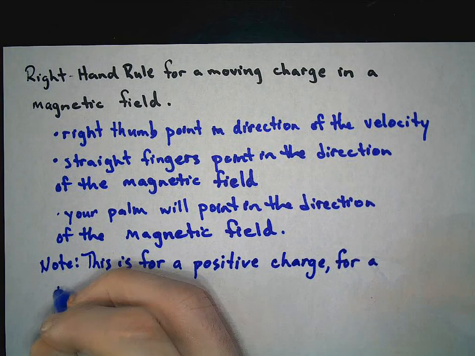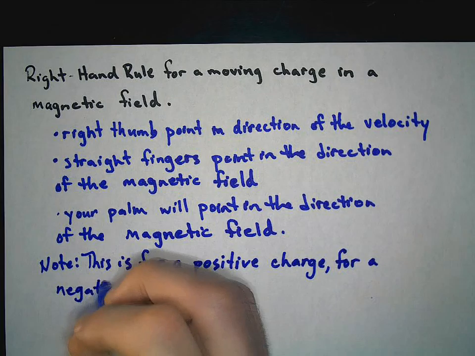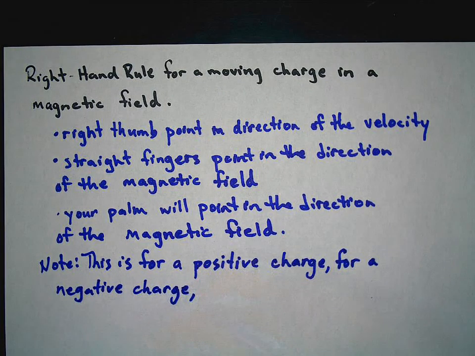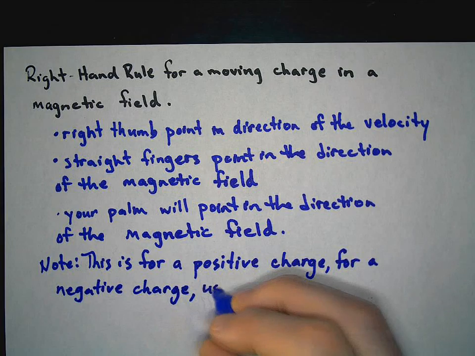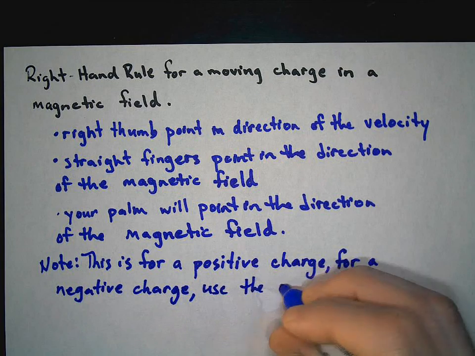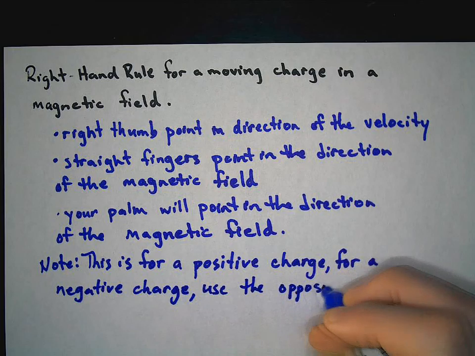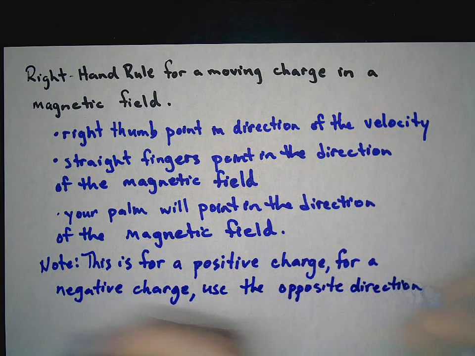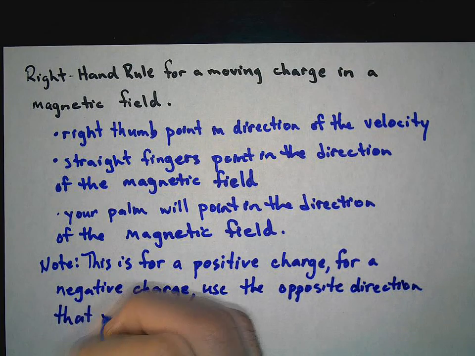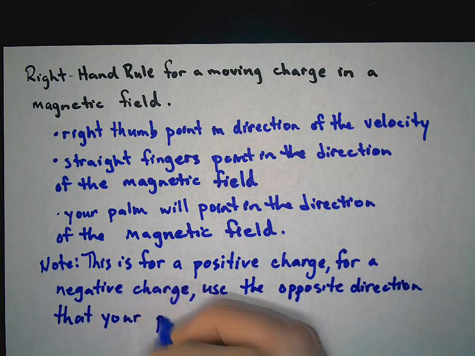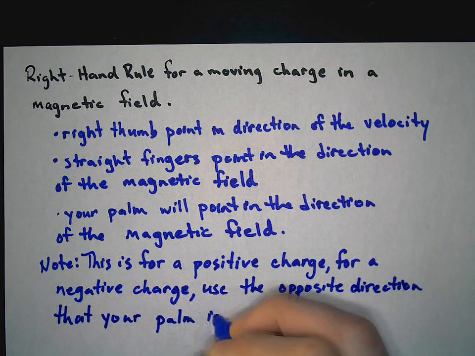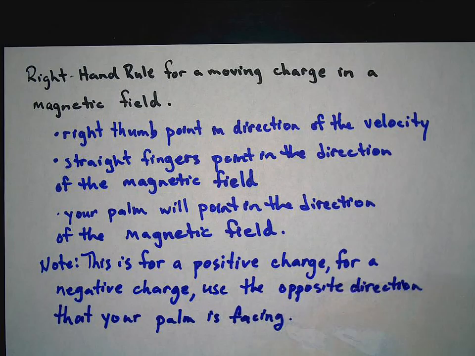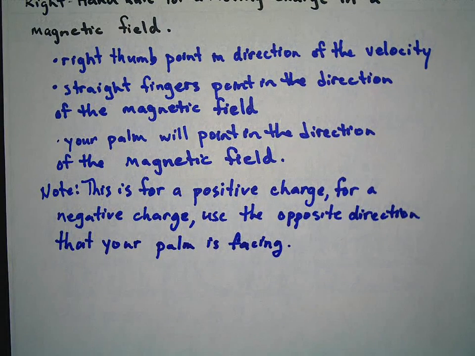For a negative charge, still use the right hand rule, but use the opposite direction that your palm is facing. So we'll use the opposite direction of the palm of your hand, and that will give us the direction for the negative charge.